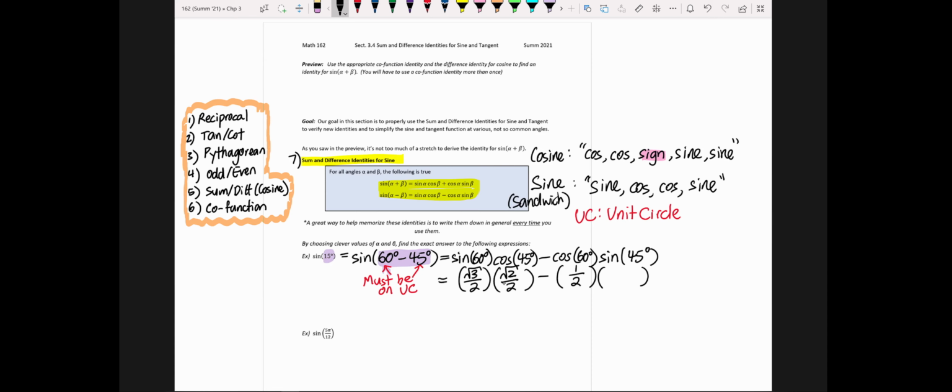And Jacob, how about sine of 45 degrees? √2/2. Correct. Okay, great. So when we simplify and combine like terms, we have √6/4 minus √2/4. That's √6 minus √2 all divided by 4.